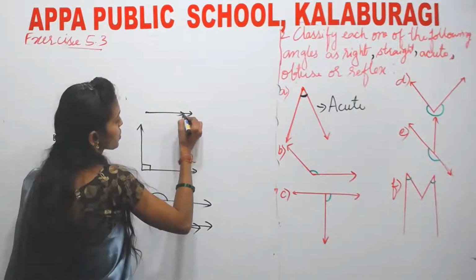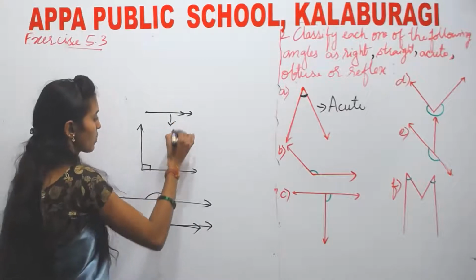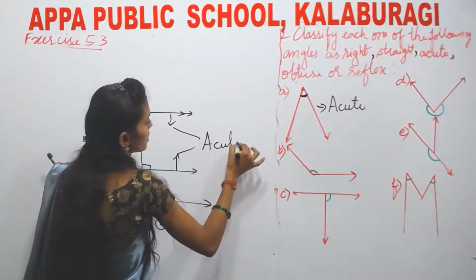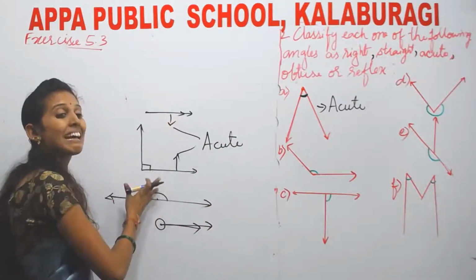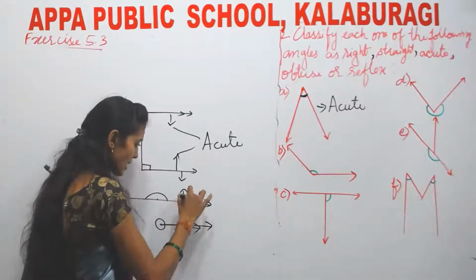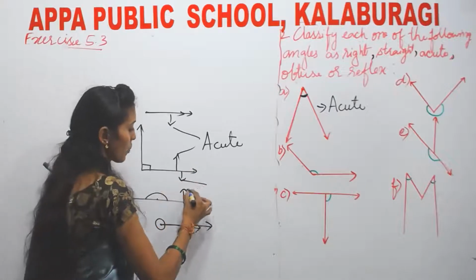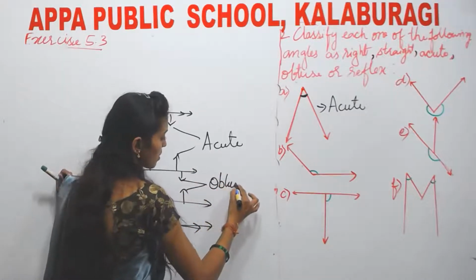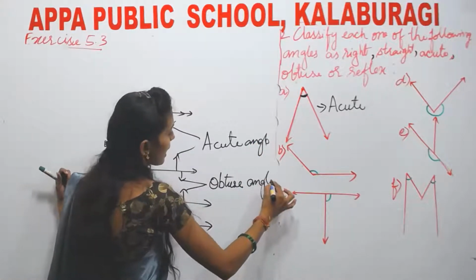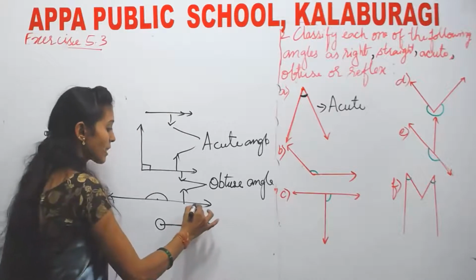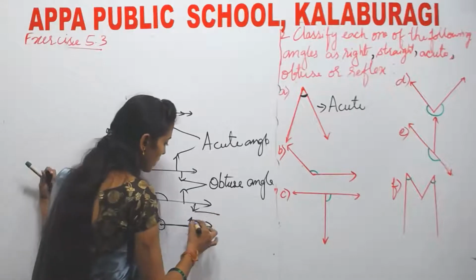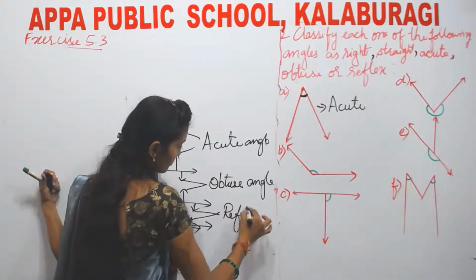So the angle which is more than 0 and less than 90, in between, will be acute. More than 90 degree and less than 180 degree will be obtuse angle. Next, more than 180 degree and less than the complete angle, 360 degree, will be a reflex angle.